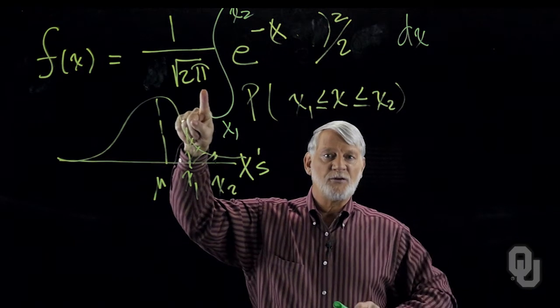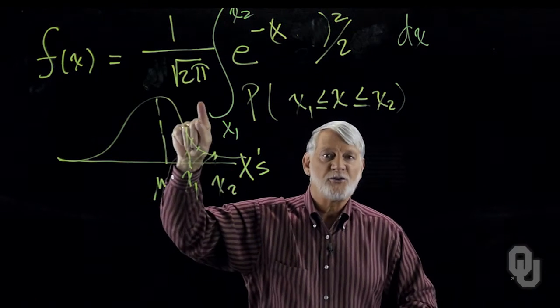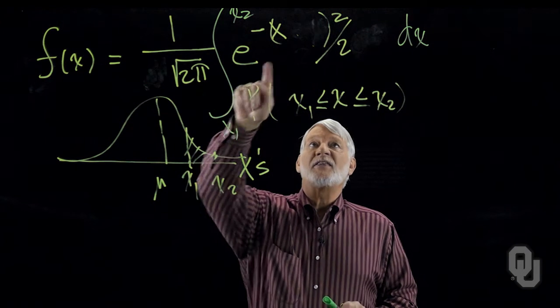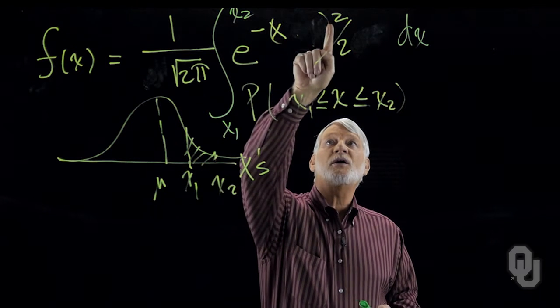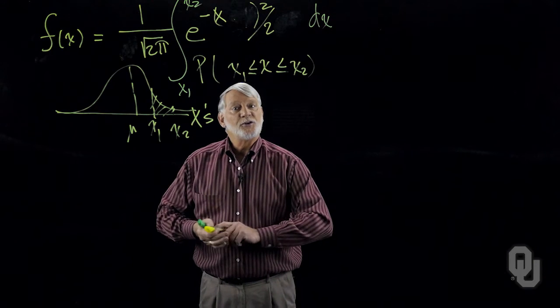Pi is 3.14159. The value there is basically 1 over about 2.5. And we can then see that this collapses down to e to the minus z squared over 2. It's a simple formula.